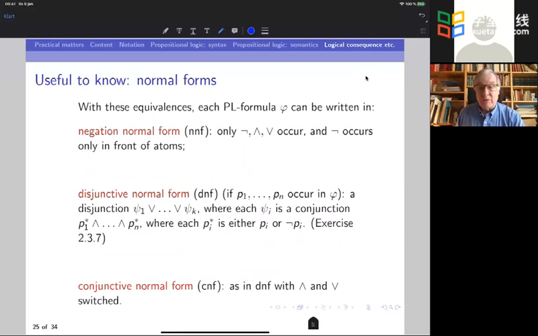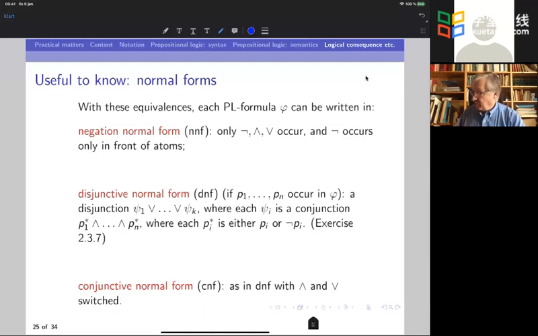The first one, which is described in the textbook, is called negation normal form. A formula phi is in negation normal form if and only if it contains only negation, conjunction, and disjunction, and the negations occur only in front of atoms, in front of sentence letters.